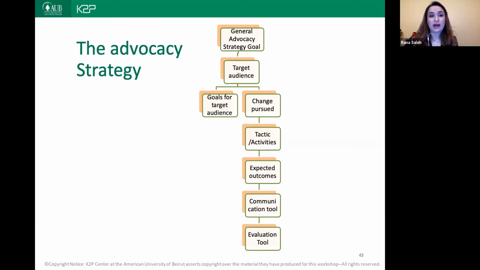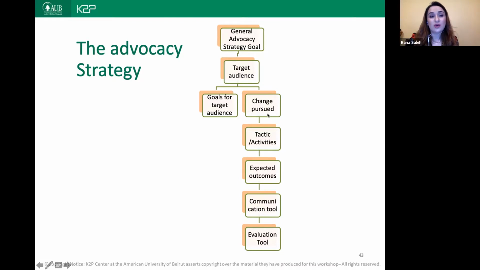Are you planning to have more support from stakeholders, from policymakers, or maybe more support from the influencers, or all together? So you have to decide together with your coalition on your advocacy goal. Where do you want to be ideally from this campaign? And then choose the target audience who are important for your goal. And then after that, you have to identify the change that you want to have for each stakeholder group.